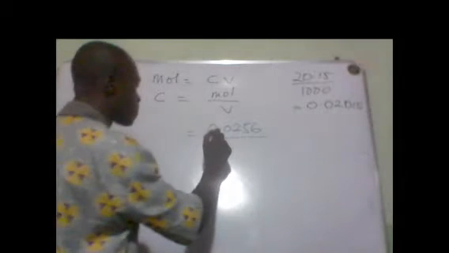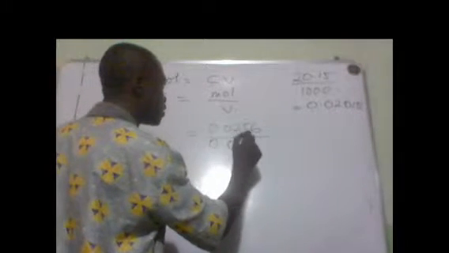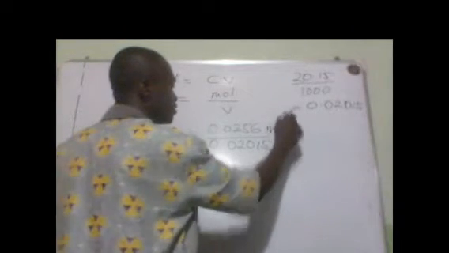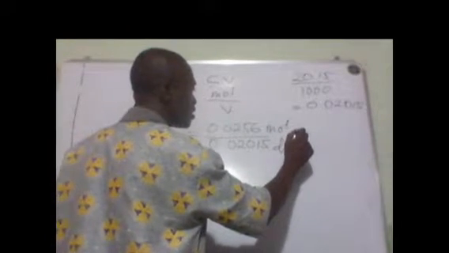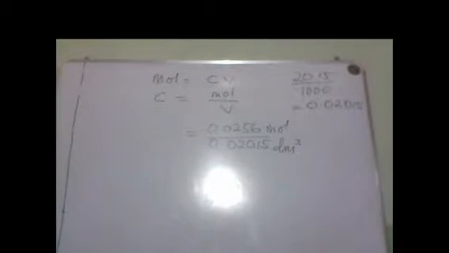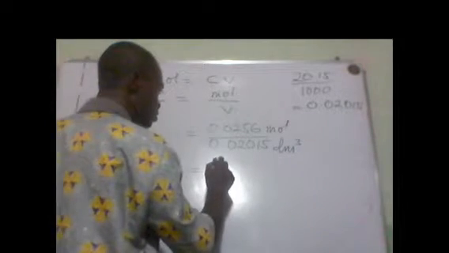So we get 0.02015. Okay, so we plug in the value here, which is 0.02015. So this is in mole and this is in dm cube. It is simple, mole per dm cube. So we are going to divide this value, and when you do that, you are going to get 1.26.